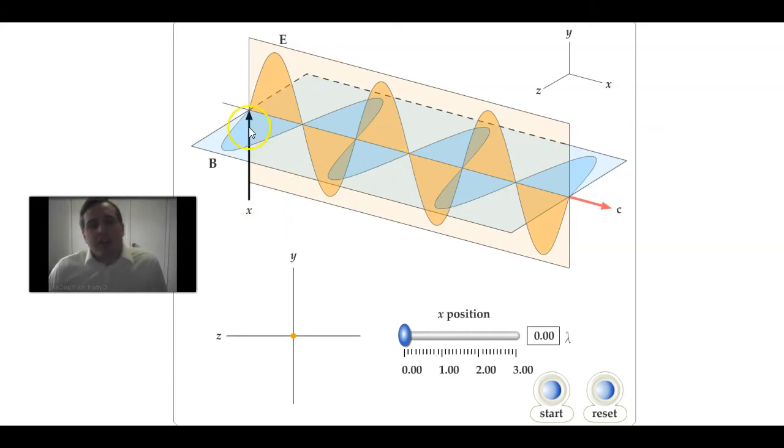Electromagnetic plane waves are the easiest to understand conceptually in terms of the geometry, because the electric field is along one of our three-dimensional axes, that's three-dimensional Cartesian. The magnetic field is along a perpendicular axis. And notice that the plane of the electric field is the XY plane, you can hopefully see here.